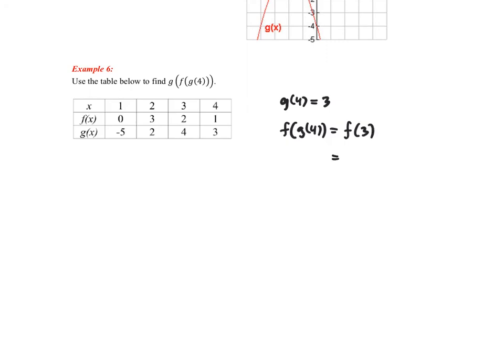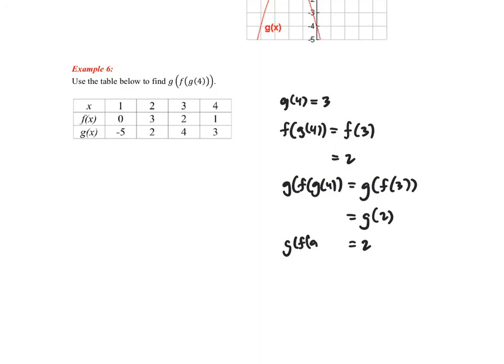And f of 3 is 2. Now I want to find g of f of g of 4, which is going to be equivalent to g of f of 3, which is the same as g of 2. And g of 2 appears to be 2. Therefore, g of f of g of 4, do I have enough parentheses? No, one more, is 2.